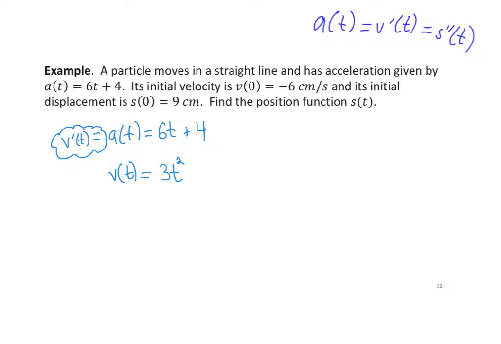So I want you to verify that. Think of the antiderivative power rule. Eventually you want to get yourself to a place where you're calculating antiderivatives of power functions pretty quickly. So you'll notice through the series of videos of this lesson, that's what I'm trying to do. And then plus the antiderivative of 4, which is 4t.